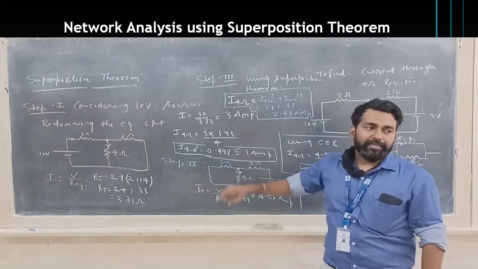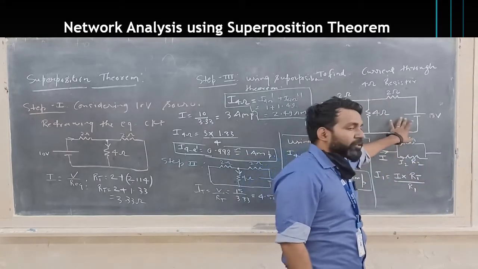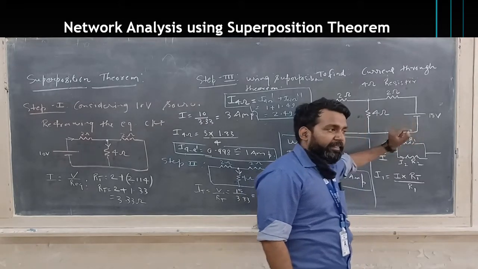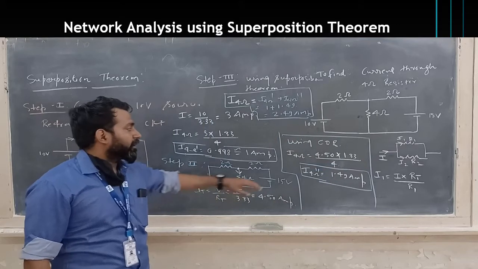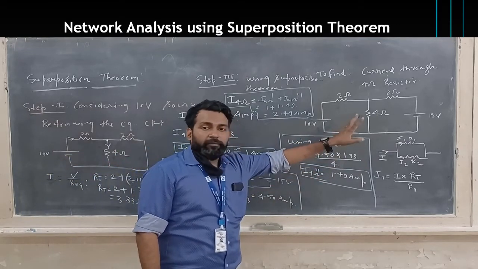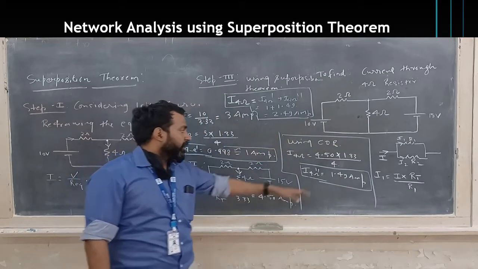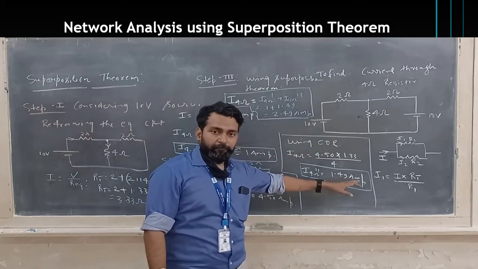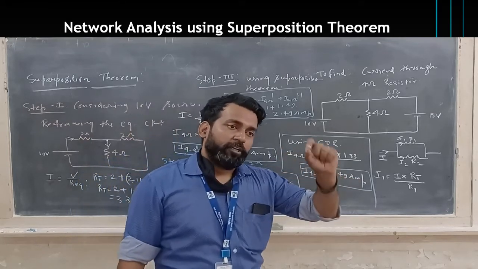In the second step, we have considered our second source, which is a voltage source of 15 volt. Again using a simple network analysis method, we have found out the current through the 4 ohm resistor due to the second source, and the current which we are getting is 1.49 ampere.